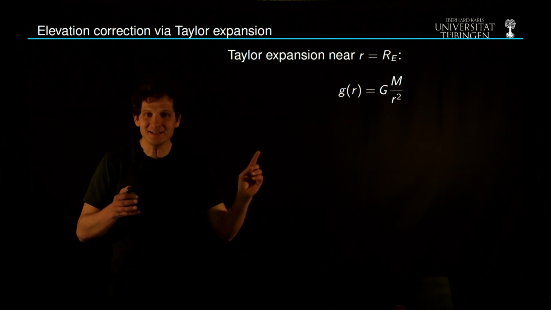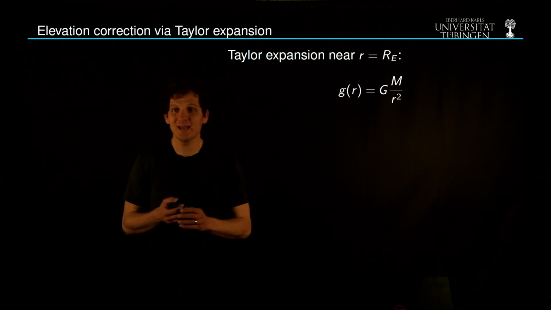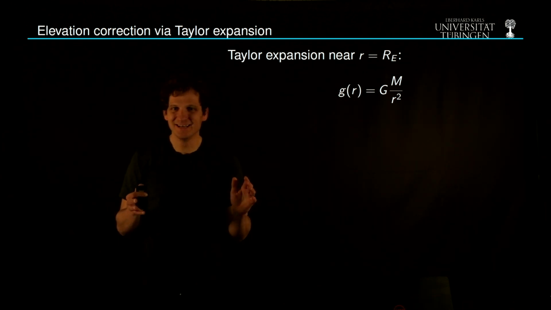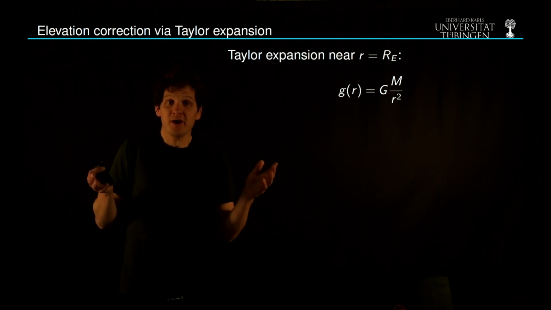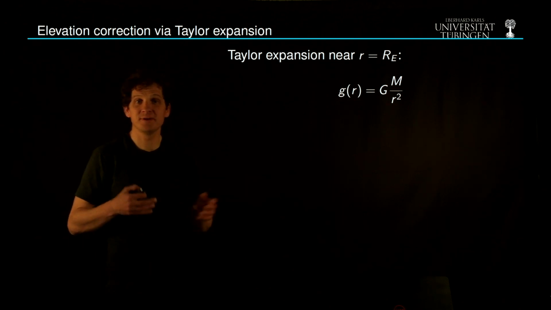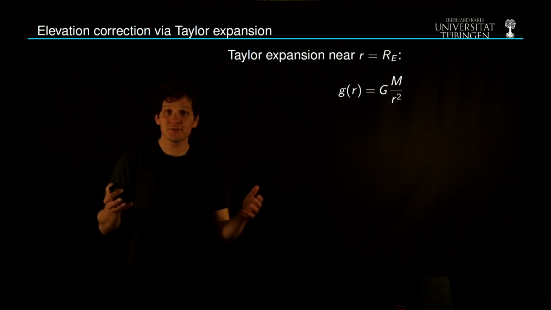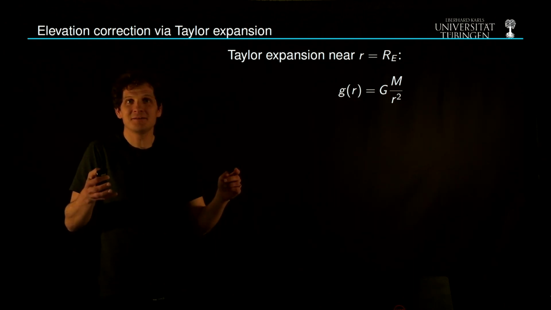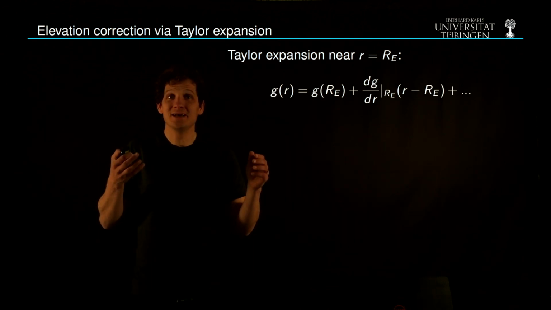It represents the entire Earth as a point target. So can we find a simple expression to check how this gravitational field changes near the Earth's surface? And the answer is obviously yes.